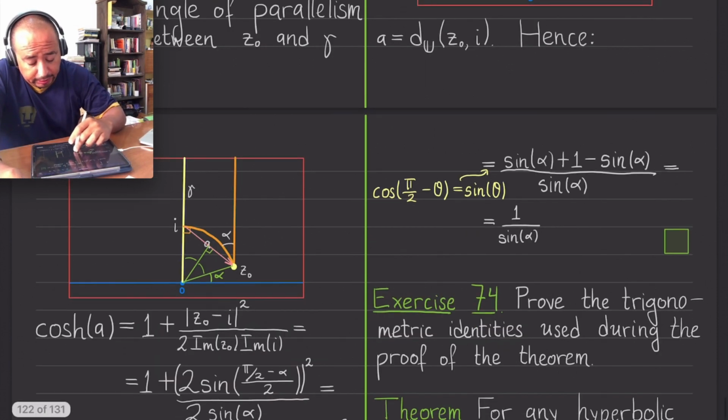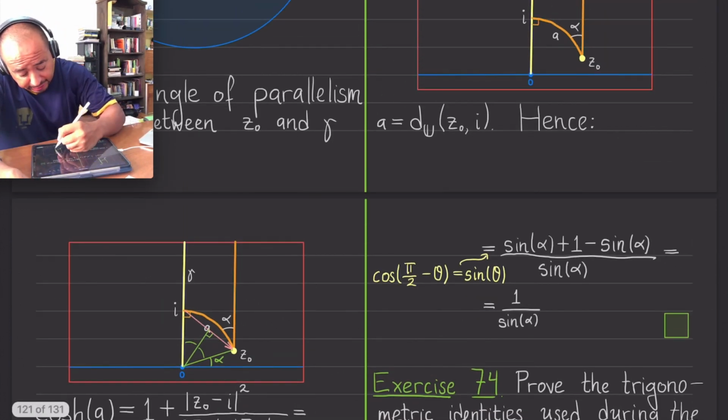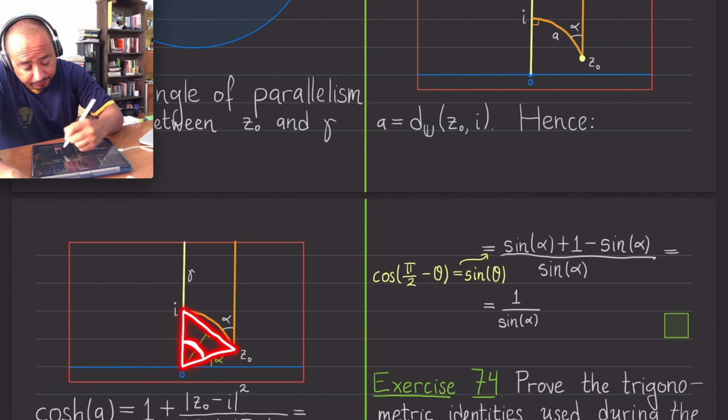So this means that when I draw this Euclidean triangle, this angle is 90 degrees minus alpha, I mean pi over 2 minus alpha. So that's this angle.